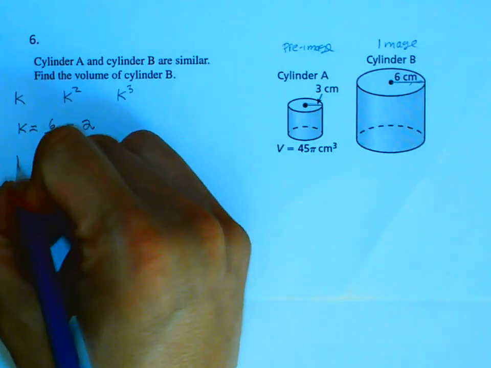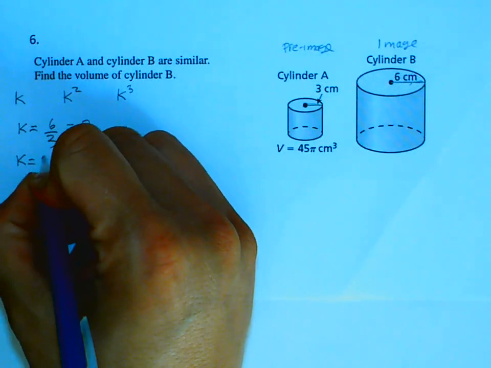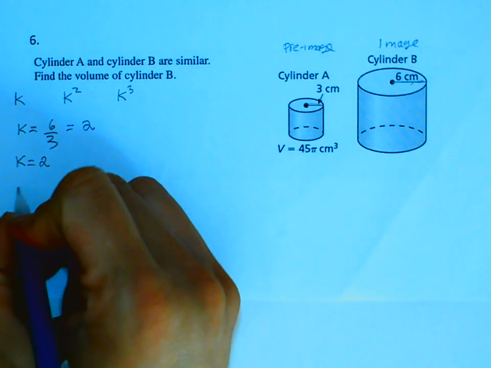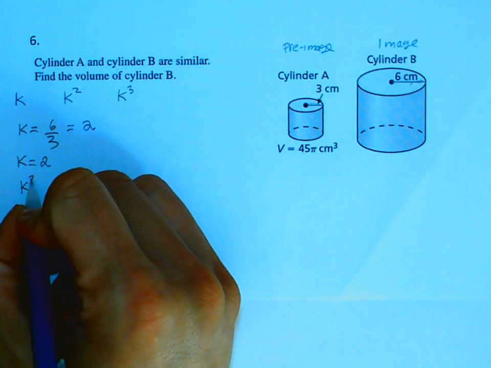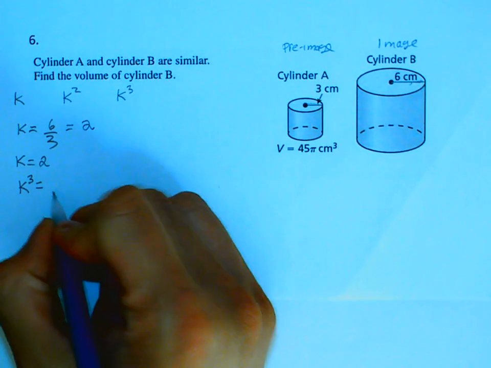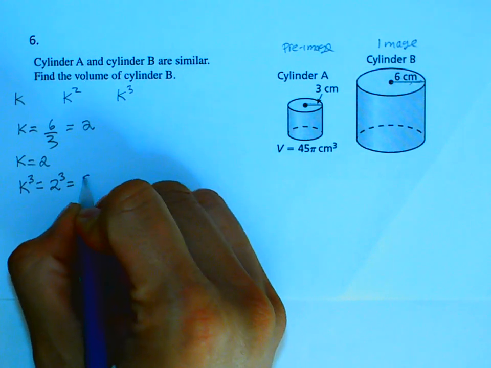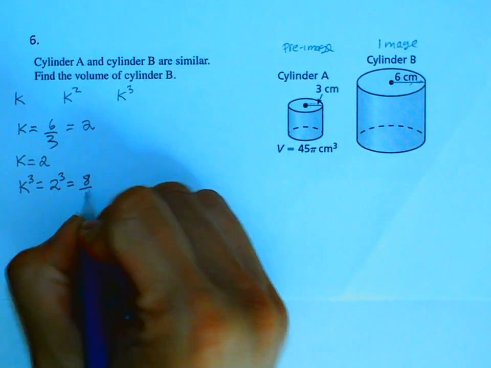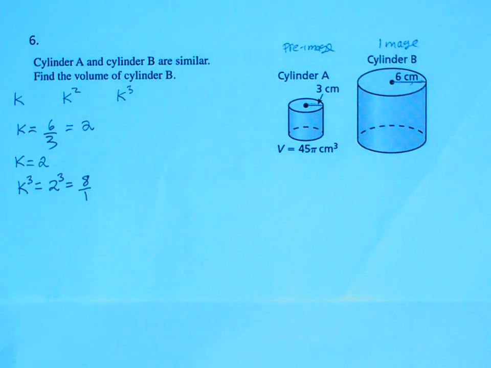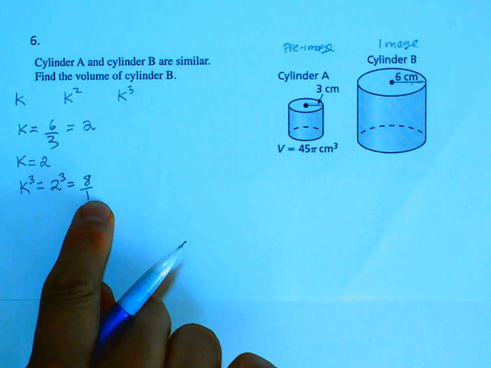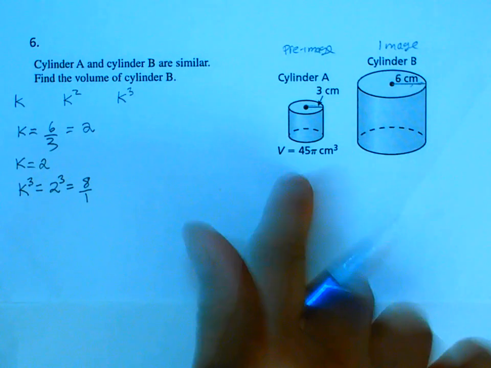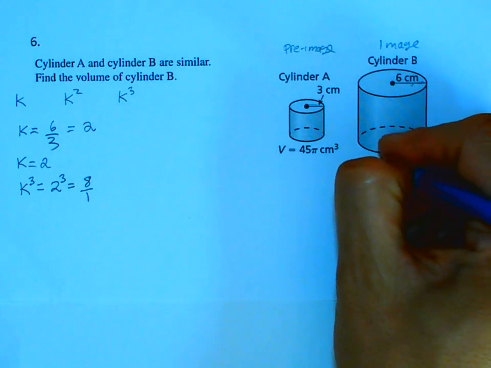So K equals 2. So the question is now, what is K to the third? Well, that's simple. That's 2 to the third, which is equal to 8, but we're going to need to put it over 1 for the sake of the proportion we're about to make. Now, this is the ratio of the volumes, the volume of this one to the volume of this one. This is the one that we don't know.